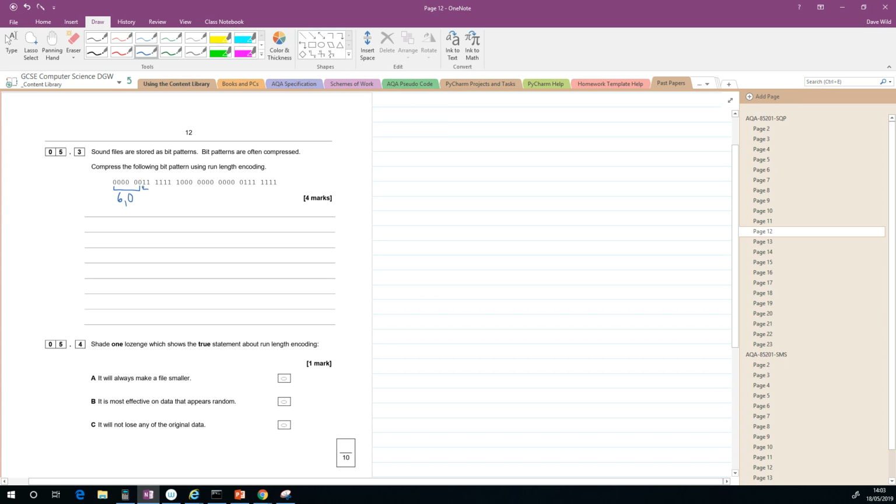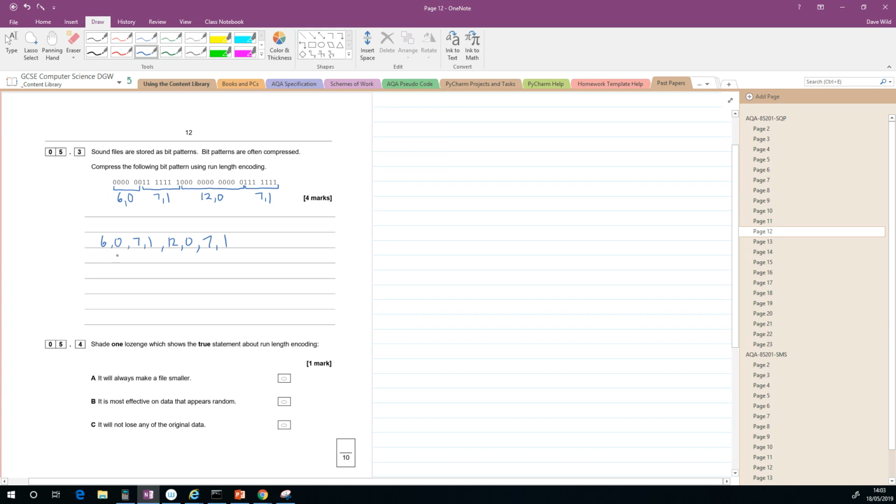Then we've got 1, 2, 3, 4, 5, 6, 7 ones, followed by 12 zeros, followed by 1, 2, 3, 4, 5, 6, 7 ones. So our answer is 6 zeros, 7 ones, 12 zeros, 7 ones.